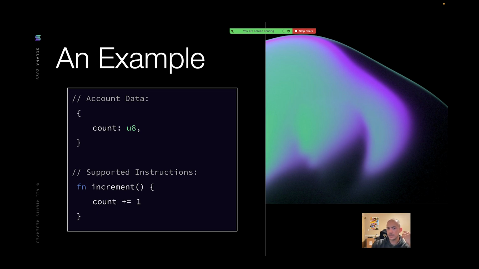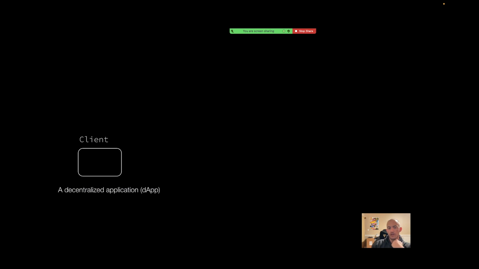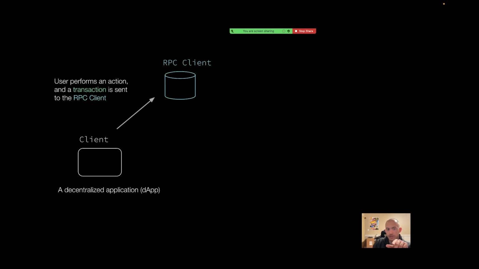To kick things off, we're going to start with a decentralized application, or a DApp. And this is going to be our client, right? From here, our user is going to click a button or perform some kind of action where they interact with our app, and it's going to send a transaction to our RPC client, which is exactly what we talked about earlier.